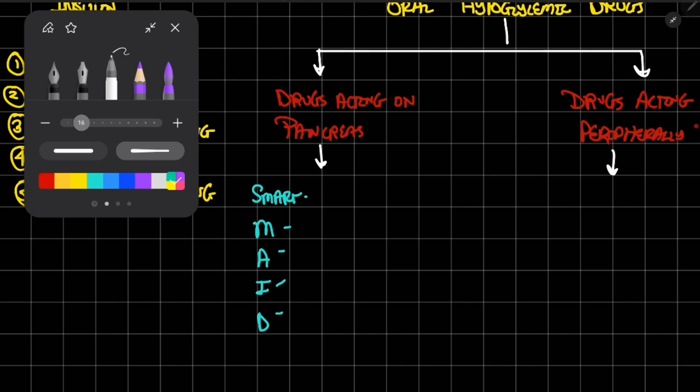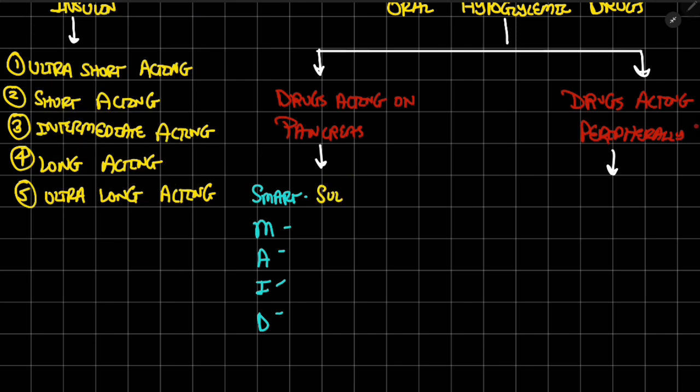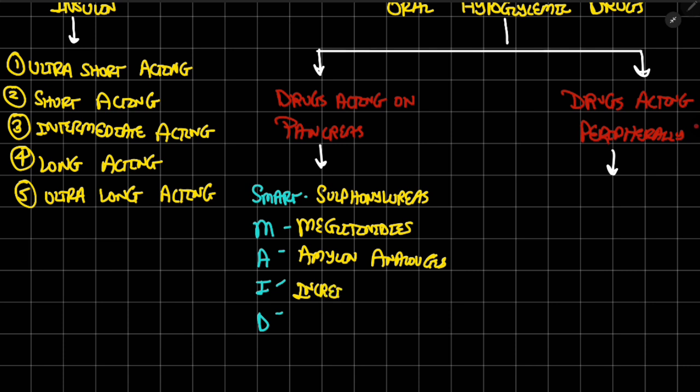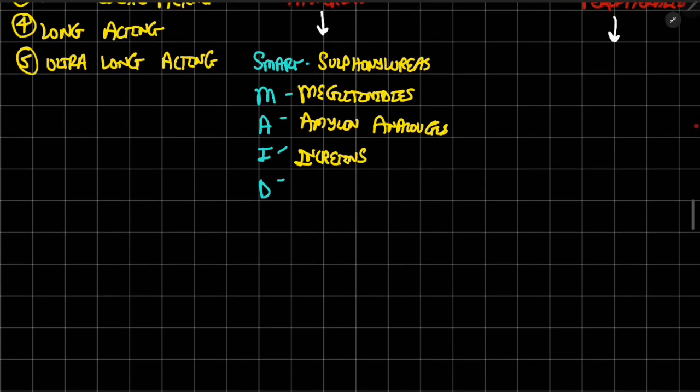Okay, so the classification says sulfonylureas, we have meglitinides, we have amylin analogs, we have incretins, the GLP and GIP analogs, and we have DPP4 inhibitors.